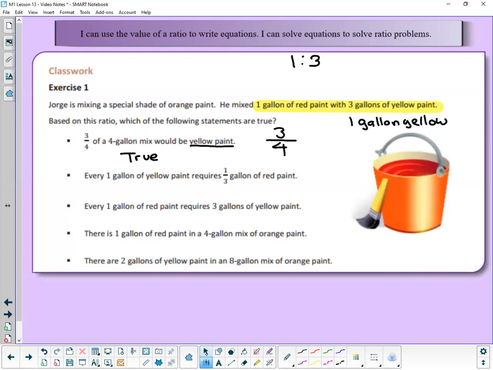Well, that means that if I'm only going to use 1 gallon of yellow, look what I did. I divided the yellow by 3. Well, that means I need to divide the red by 3. Well, as we've discussed in class, a fraction means division. That is 1 divided by 3. So it would be 1/3. So that is true.